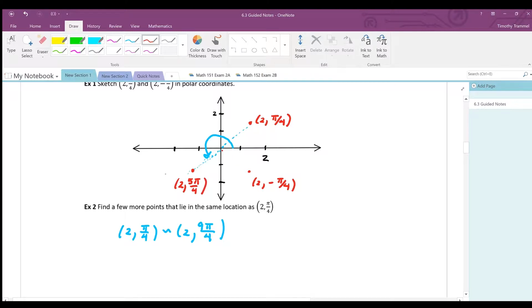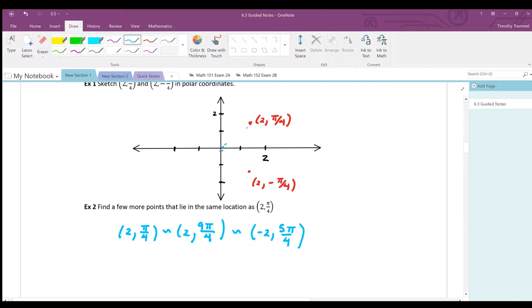Well, if you were to just change the sign in front of that 2, it's going to take this point and reflect it about the origin, which just means we are going to take this point and move it 180 degrees, which should put us back up here at this 2 comma minus pi over 4. So I'm going to actually include that here. There'll be another one. Minus 2 comma 5 pi over 4.